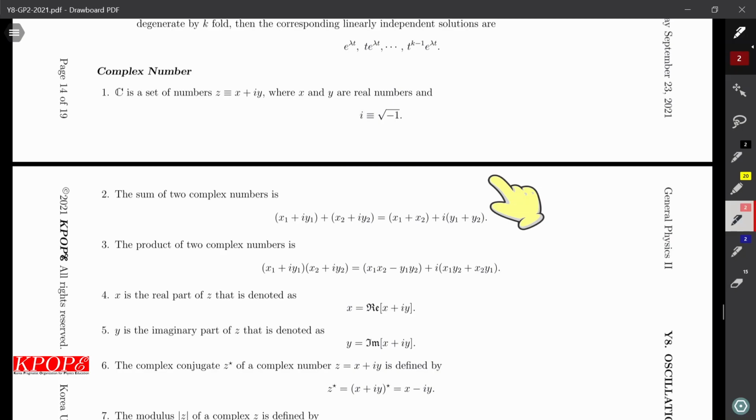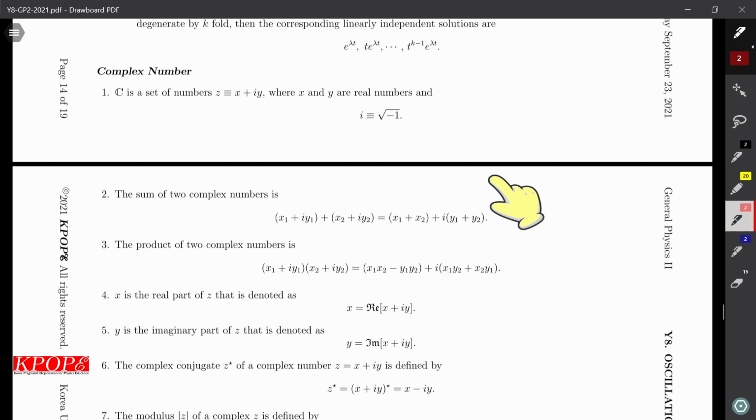In that case, if we make use of complex numbers, especially the polar coordinate representation of a complex number, which is called the phasor, our calculation will be greatly simplified.